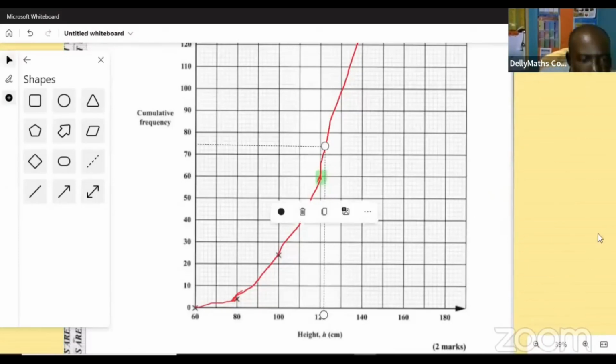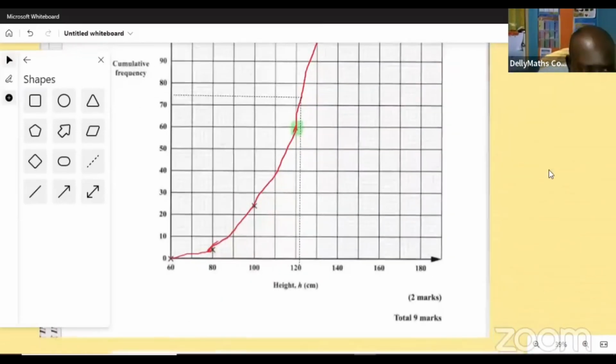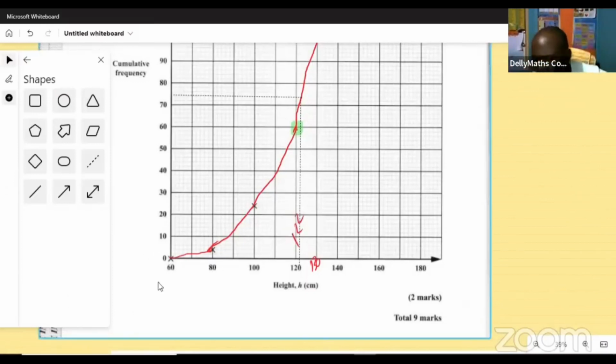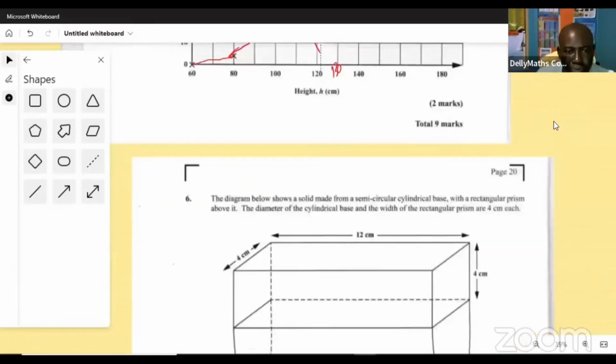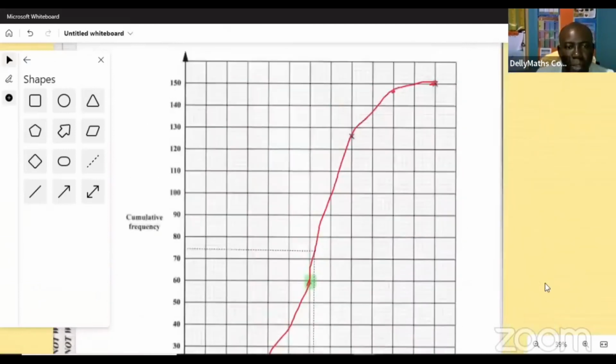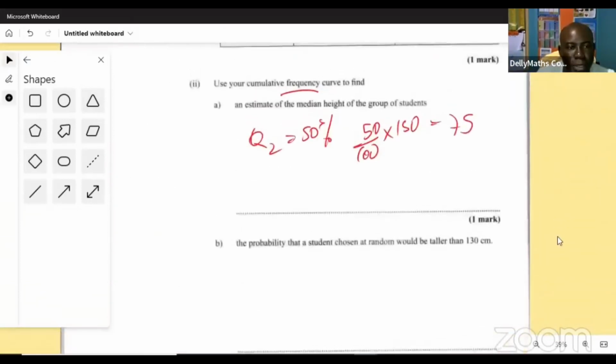So basically it's on that first line, and based on the scale, this is 130. We're going by 2, so this is 120 and this is 122. I'm getting 122 on that. So let me go back to the question here. It's a 1 mark, easy pickup. I'm getting 122 when I do that.